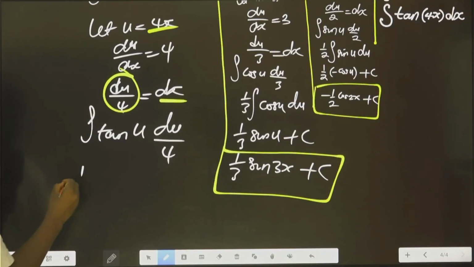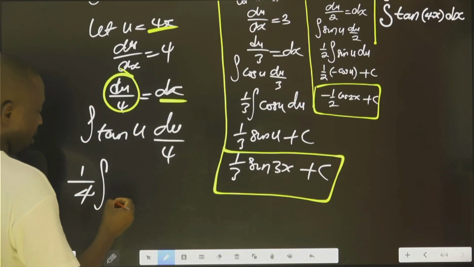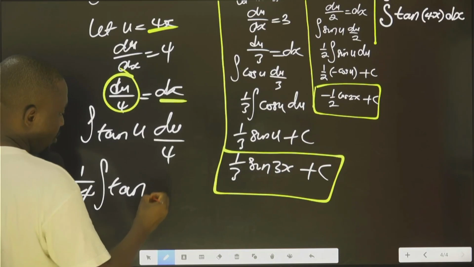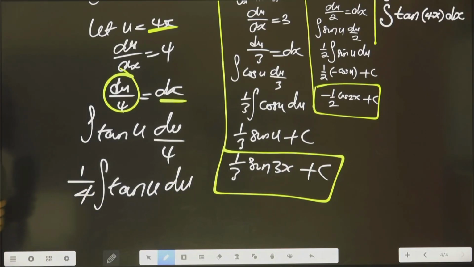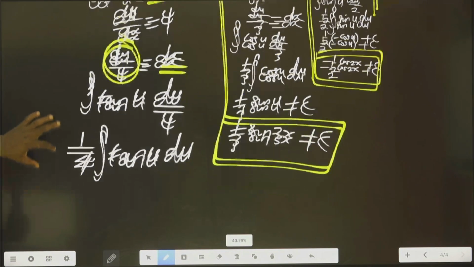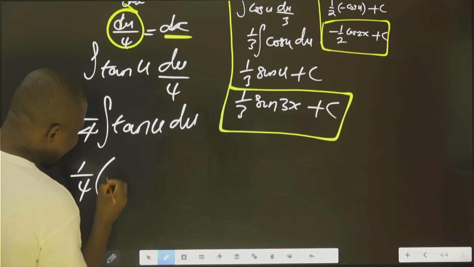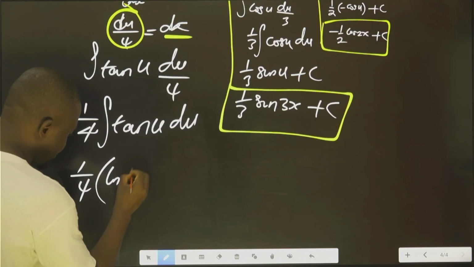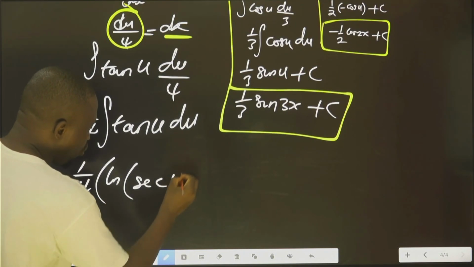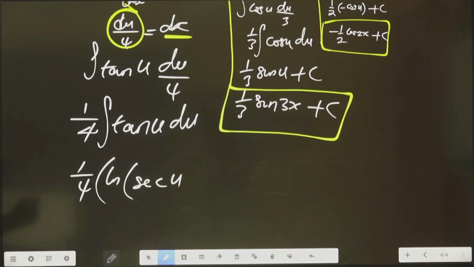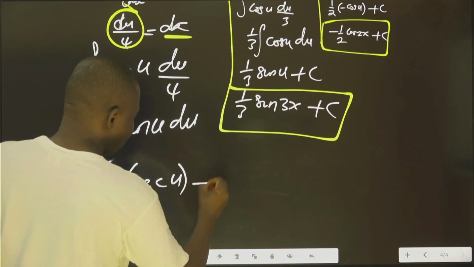Now we can say 1 over 4 tan u du. What is the integration of tan u again? Simply for this one, it is ln sec u. Then we put plus c.